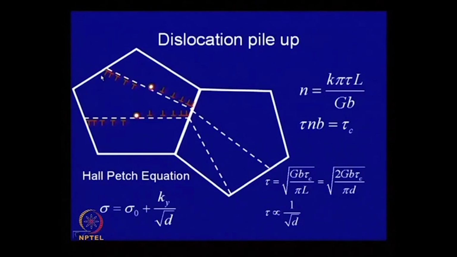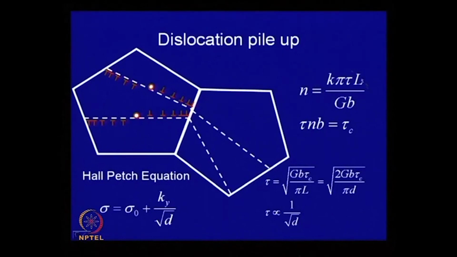This will obviously be determined by the grain size. There is a relationship between the length of the dislocation pile up and the number of dislocations, which is shown over here.